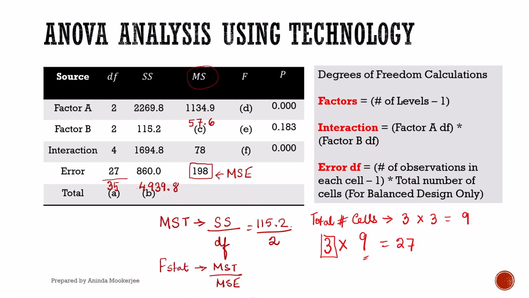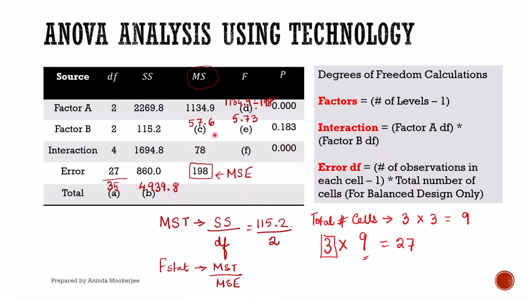So for D, it would be 1134.9 divided by 198. So I'm going to write that here. It's going to be 1134.9 divided by 198. This is the MSE value, and that will give us a value of 5.73.